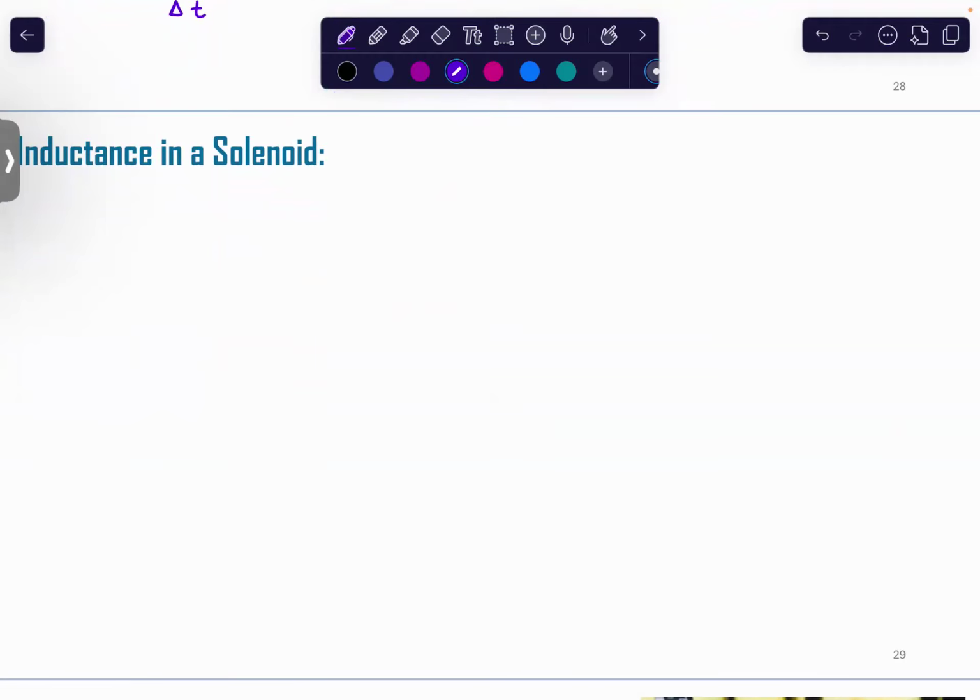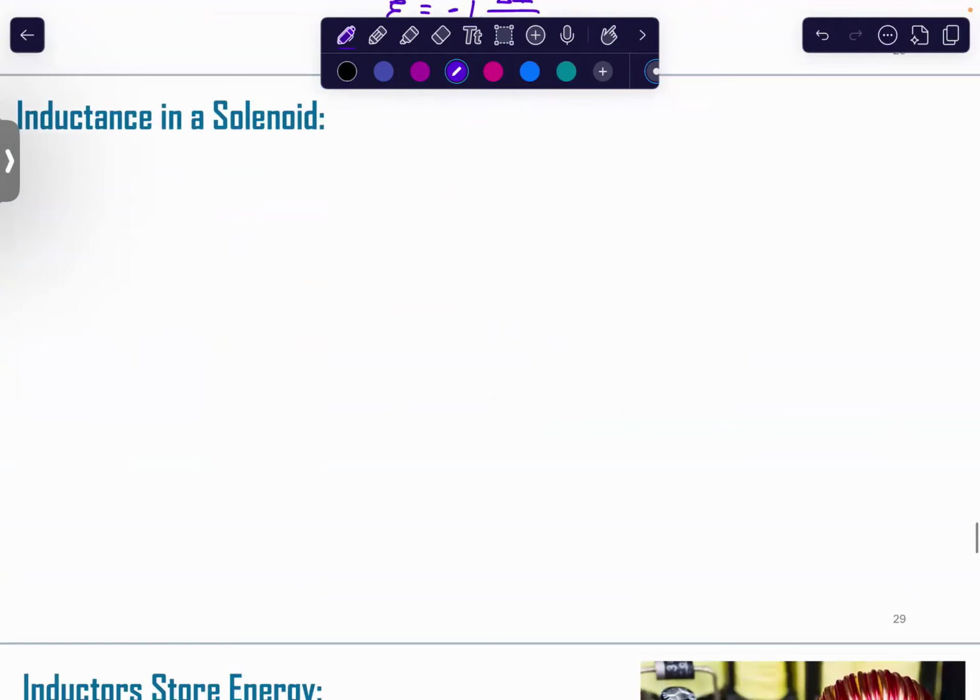Okay. Inductance in a solenoid. So let's go back to it. Do you remember what the small n is?